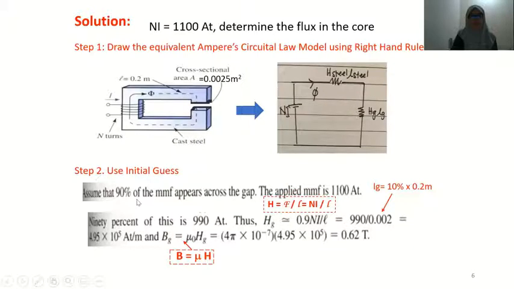For the next step, we use an initial guess. We can assume that 90% of the MMF appears across the gap.